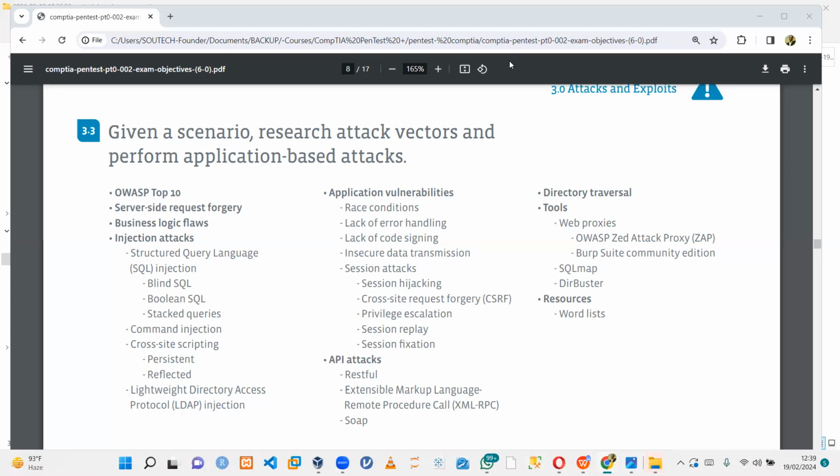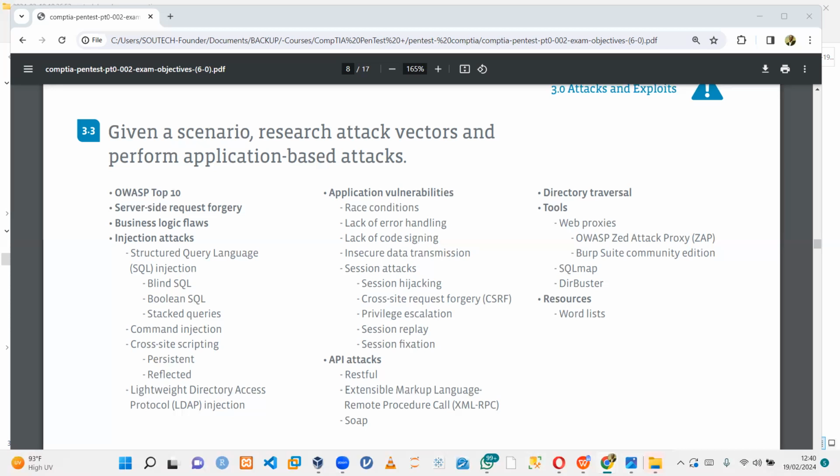So the OWASP Top 10 has to do with web applications. So we're saying, what are the things that we need to look out for if we are setting up our application? So there are 10 items. We'll consider them in the course of the training. So we'll look at server-side request forgery, business logic flaws, injection attacks, SQL injection very, very handy, and the different types.